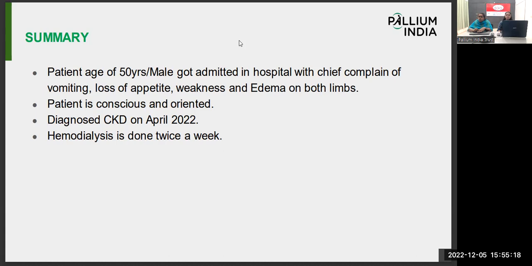Sister Swastika? Yes, ma'am. Now is he in the hospital or at home? He is at home. Okay. So now he is at home. Ma'am, we are in OPD.